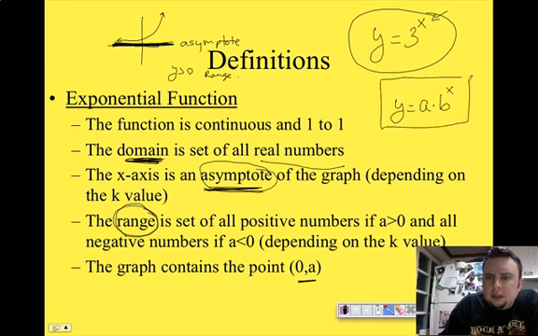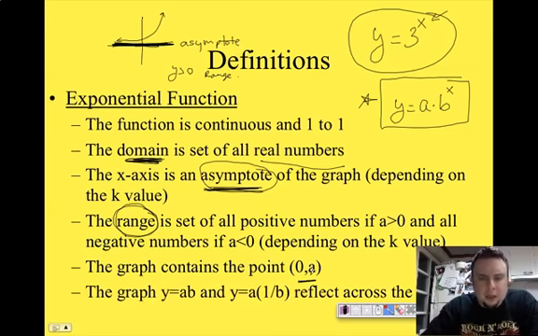This is an exponential function in general. Okay? So this a is what this is talking about right here. So if I put in 0 for x, guess what happens? It's just a, right? Because anything to the 0 power is 1. So it's like canceling that out, and you're left over with a.